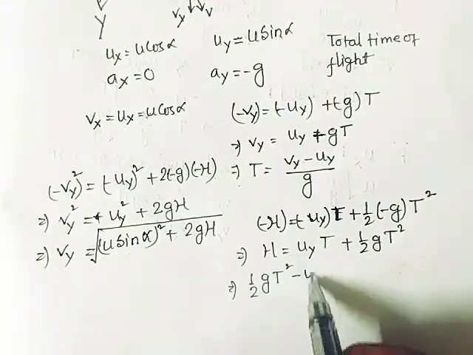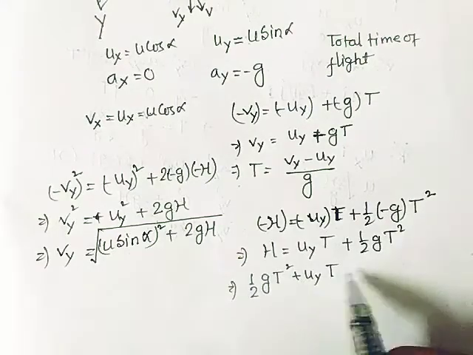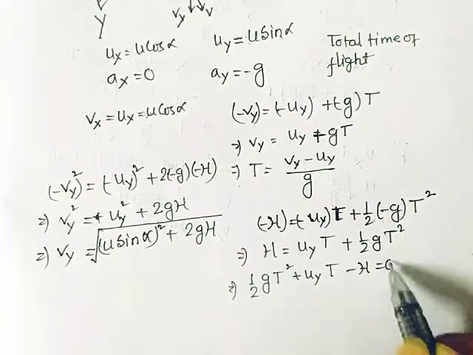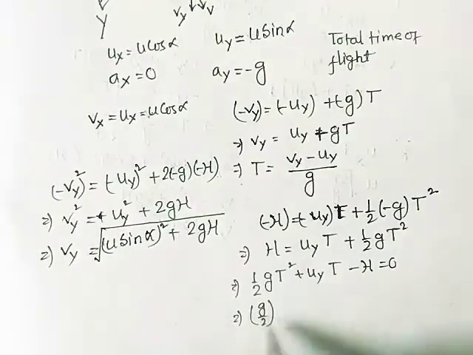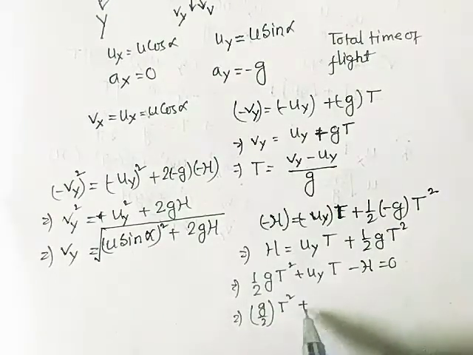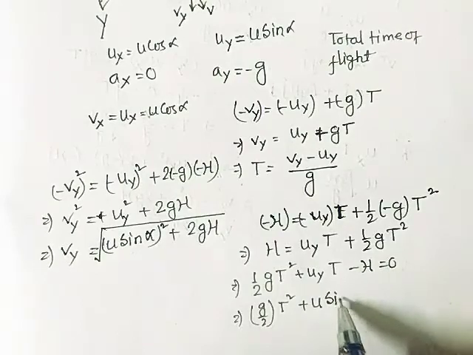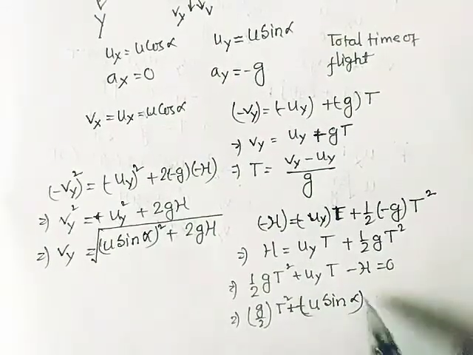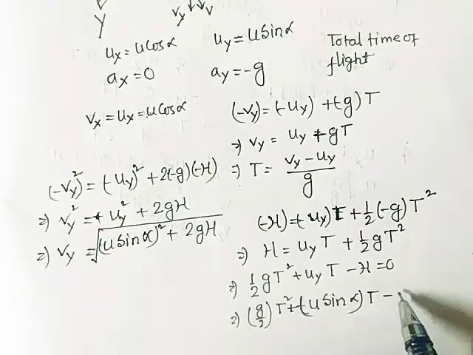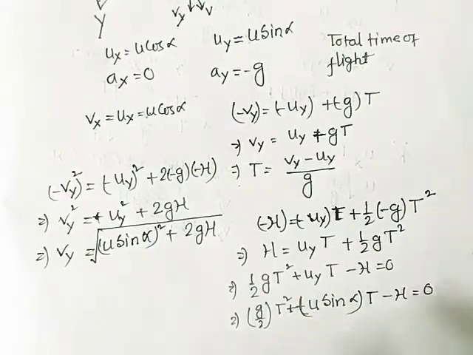So g by 2 into t square plus u sin alpha into t minus h, that is of the form ax square plus bx plus c.